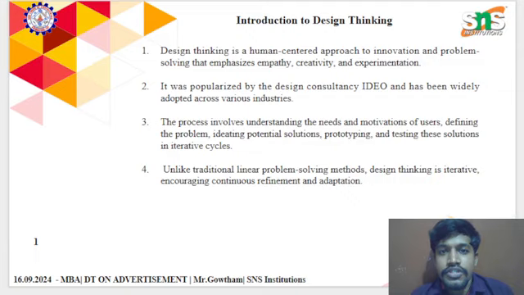So we motivate them to resolve the problem, then define the problem statement and the solutions, then prototype the solution, test and evaluate, and finally market it, so the product or service gets into the market. Unlike traditional linear problem-solving methods and models, which differ by industry, it is refined and adapted by industries.